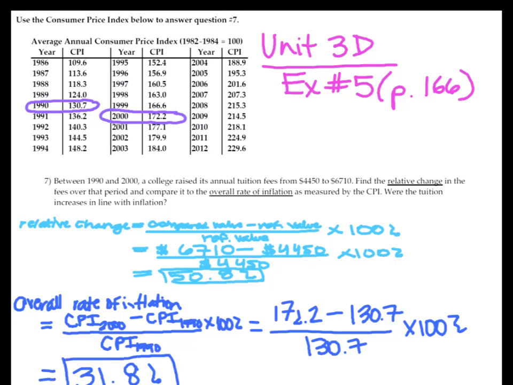But we're not done. Sorry, earlier I misspoke. I said that this was a two-part problem, but this is actually a three-part problem because not only are we asked to solve for the relative change and the overall rate of inflation, but we are also asked if the tuition increases were in line with inflation. So the tuition increases have a relative change of 50.8%, which is greater than the overall rate of inflation at 31.8%.